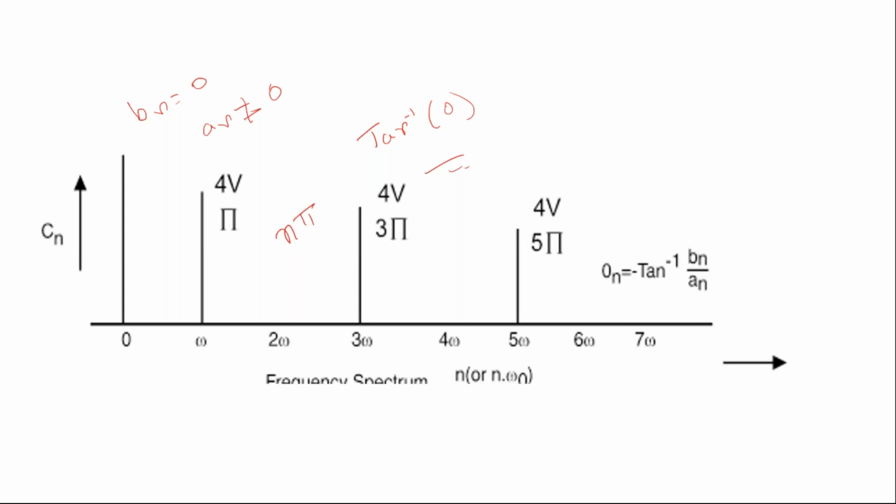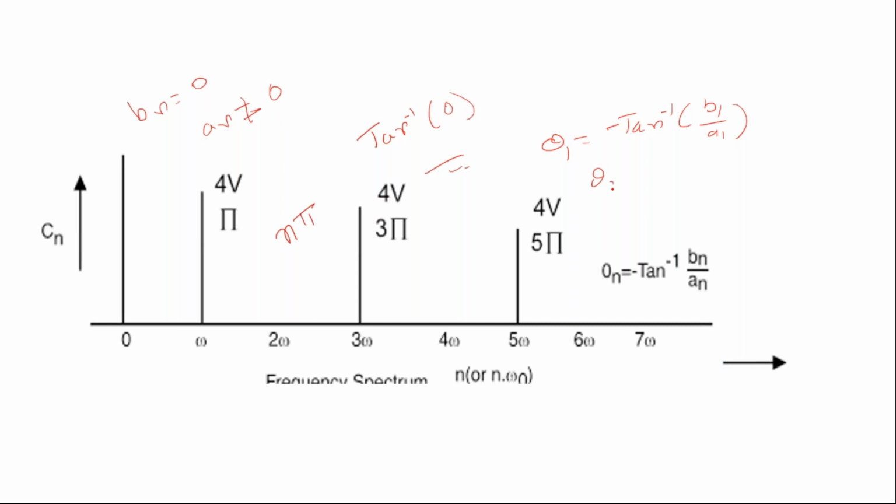Now, why I'm writing it like this is, since you have Bn and An, it varies for different values. That's the reason I'm going to write this as n pi. If you consider theta 1, you can write it as minus tan inverse of B1 by A1.